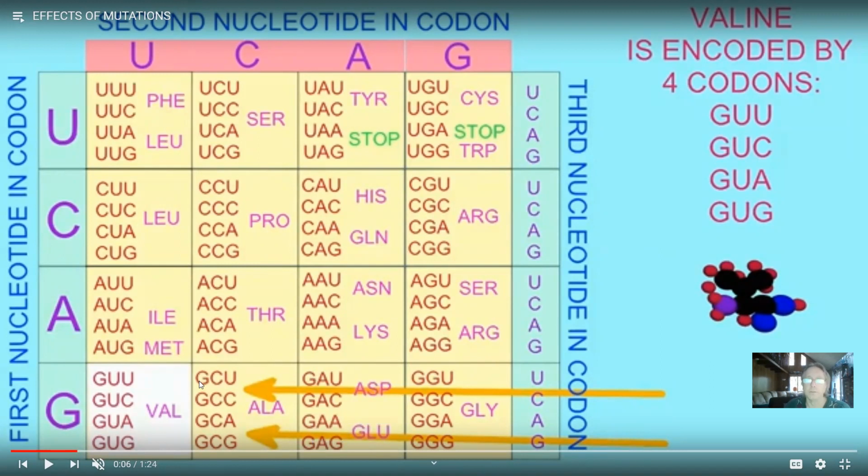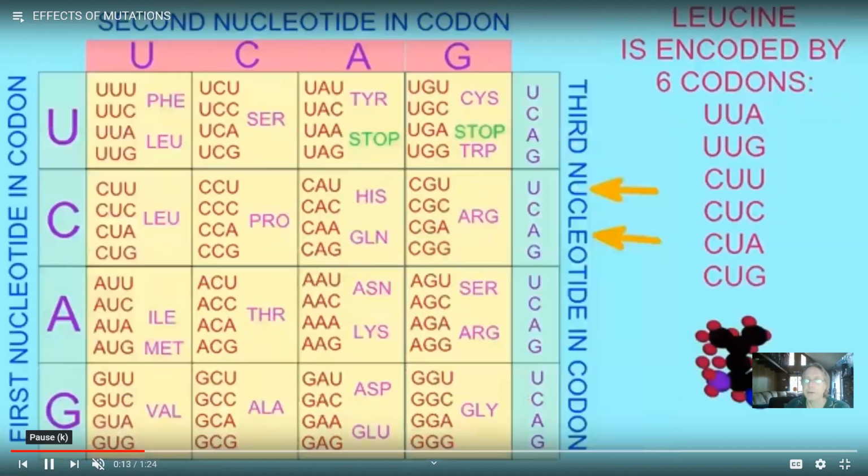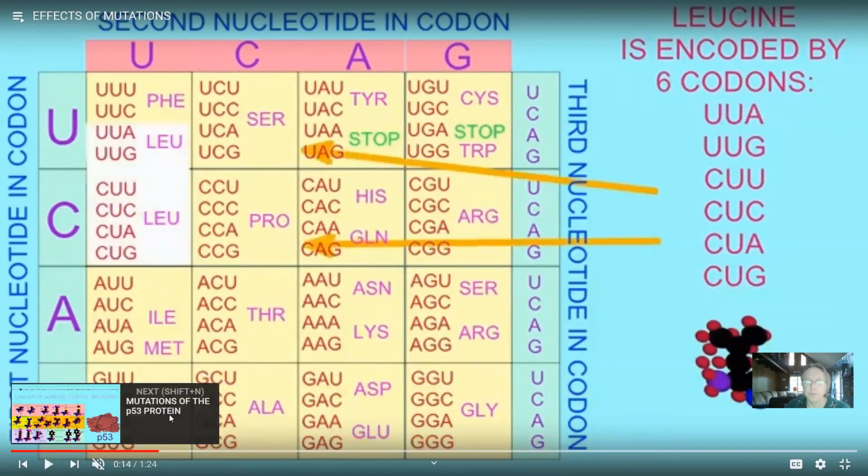So recall from our codon chart that in the genetic code, GUU codes for valine, GUC codes for valine, GUA codes for valine, GUG codes for valine. So as a result, if there was a mutation which changed GUC to GUU, then it would still code for valine.